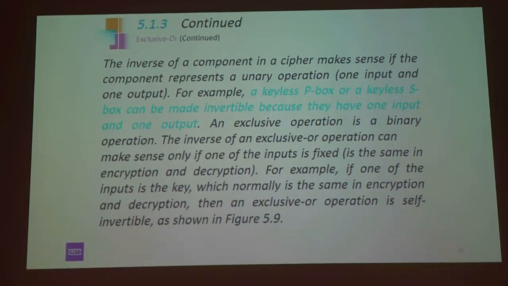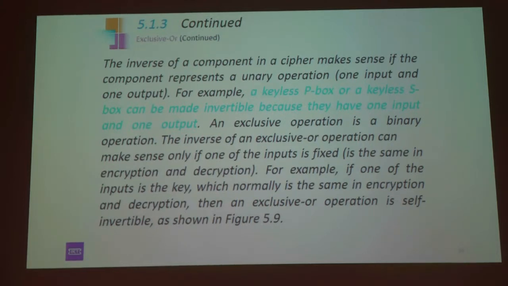So the inverse of a component in a cipher makes sense if the component represents a unary operation. Unary operation means you have one input and one output. For example, a keyless P box or a keyless S box can be made invertible because they have one input and one output.